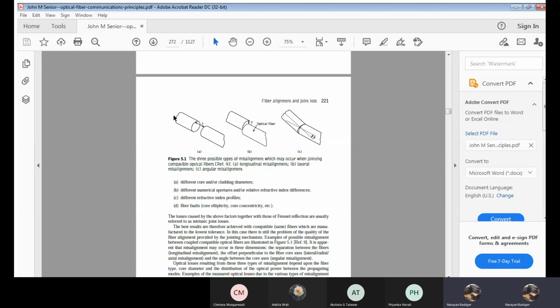The axis of fiber 1 and fiber 2 should be continuous. If I have a certain angle here, I am going to get misalignment. These are the three possible cases of misalignment with respect to OFC joints.